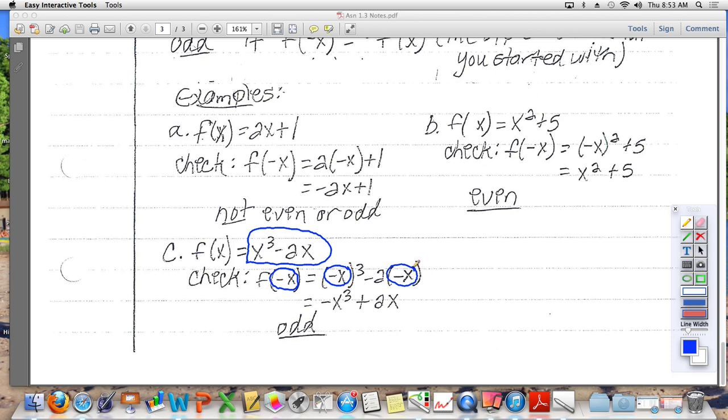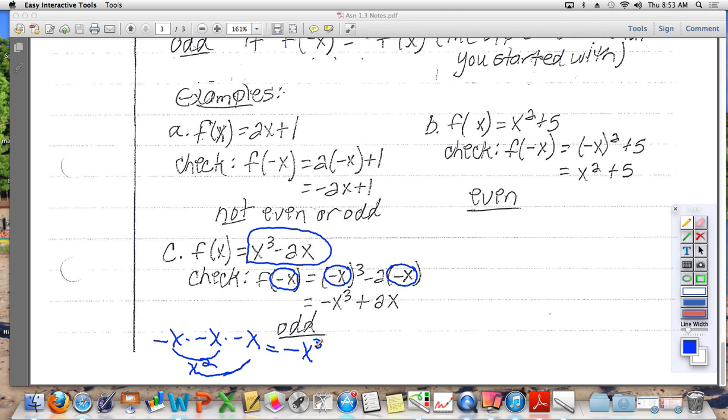So negative x to the third power. That means, I'm going to do the math over here, negative x times negative x times negative x. Well, negative x times negative x is positive x squared. And then a positive x squared times a negative x is going to give you negative x to the third power.